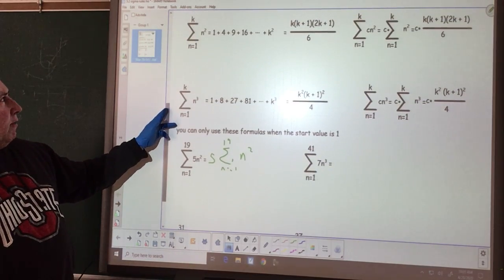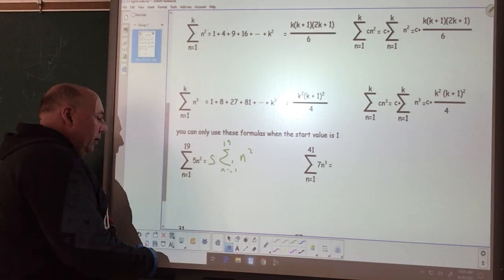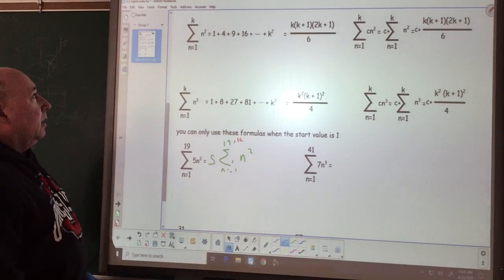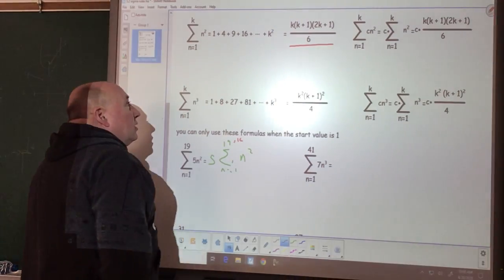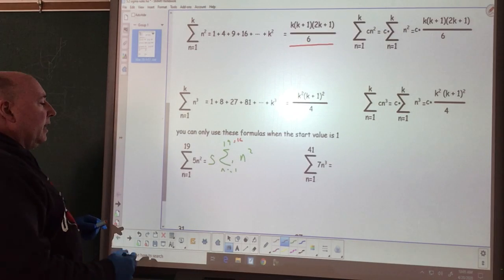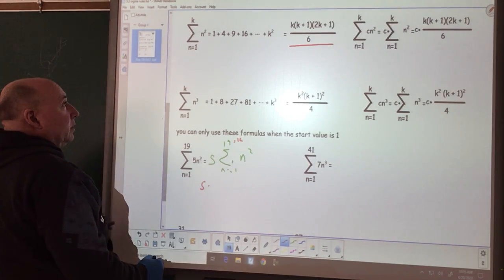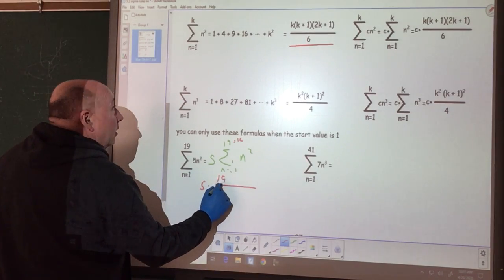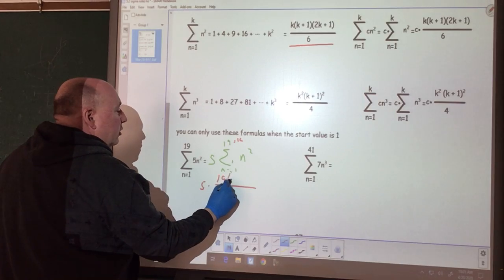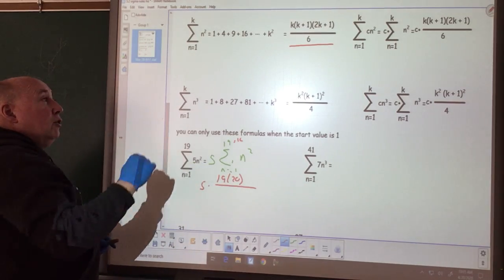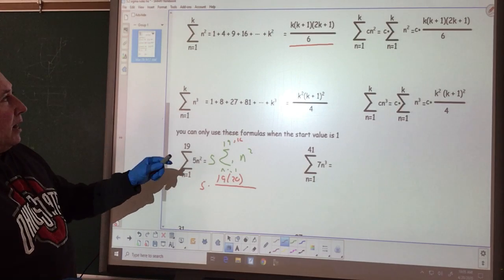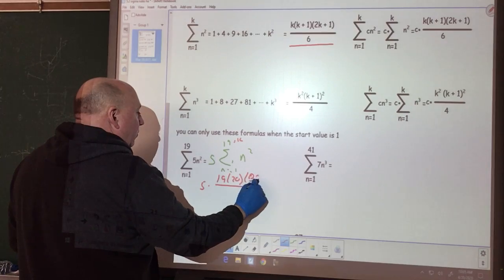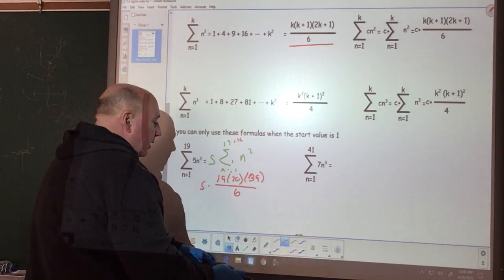Well, if I take a look at my formula for n squared, this is my k value at the top. Looking at my n squared formula, we take our value of 5, multiply it by my k, which is 19, times k plus 1, which is 20, and then 2k plus 1, so we have 2 times 19, which is 38, plus 1, that's 39, all divided by 6.